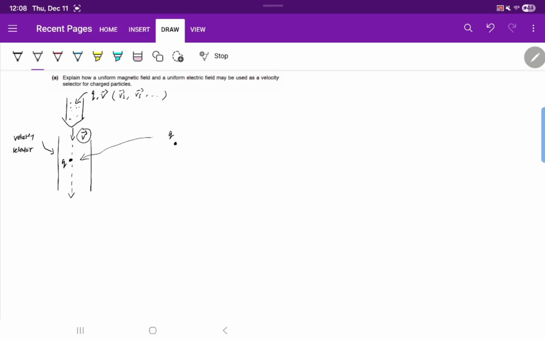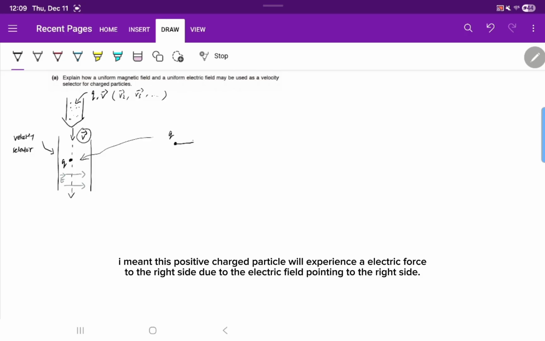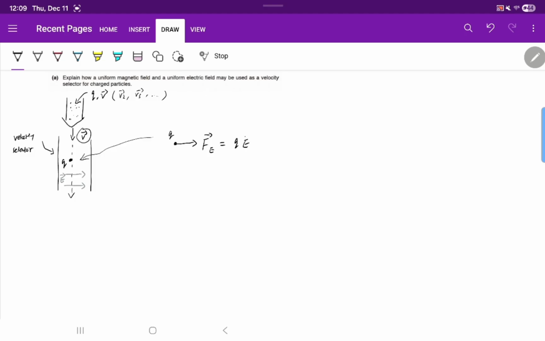Some of you might already have figured out that if we have an electric field going to the right, then this particle will experience an electric force to the right, and this force is equal to q times E, the electric field.